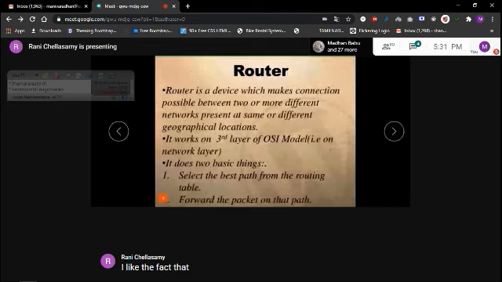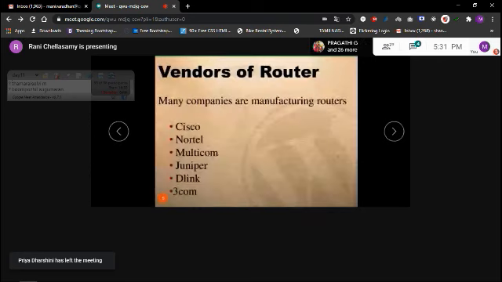So here some of the vendors of router are listed. Many companies are manufacturing routers. First one is Cisco, Nortel, Multicom, Juniper, D-Link, Freecom. So these are some of the vendors of routers.